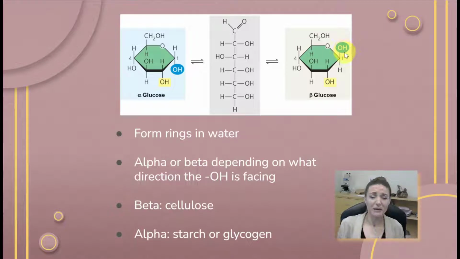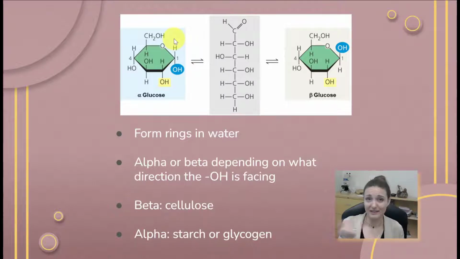Beta glucose, this one right here, is the monosaccharide used to build the molecule cellulose, which our cells cannot handle. Our cells are like, what is this? This isn't the right shape for my enzymes to do anything with, so it has no value to us nutritionally. Alpha glucose, though, we love the alpha glucose. It's part of starch, it's part of glycogen.